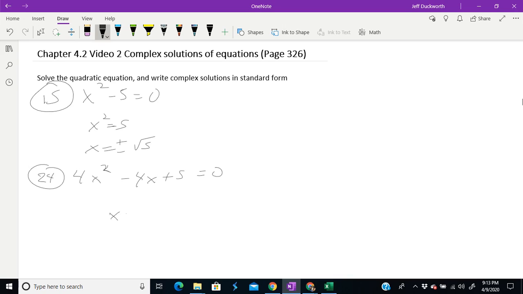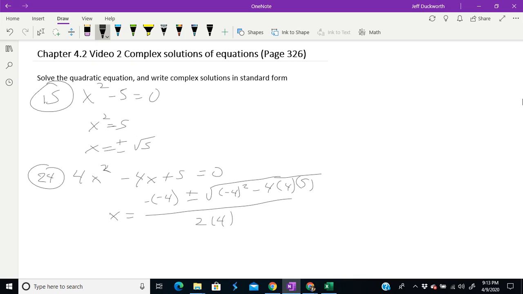So x is going to equal negative b, b is negative 4, so negative negative 4, plus or minus the square root of negative 4 squared, minus 4, a is 4, and c is 5. All of this over 2a, which is 4.